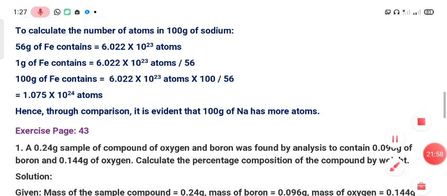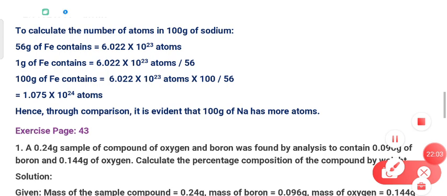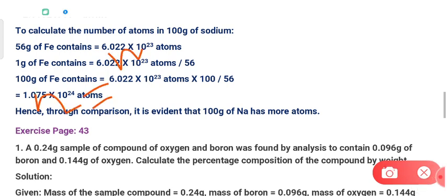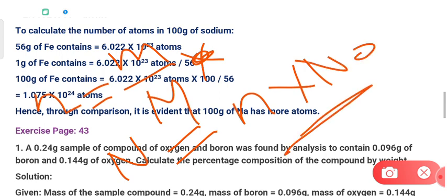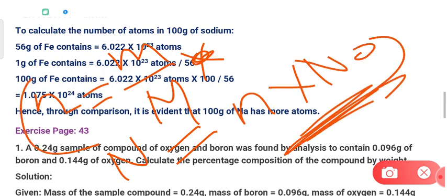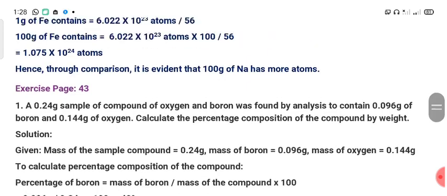And for finding out the total number of atoms in 100 gram of sodium or 100 gram of iron, we can do this in this way, that number of moles is equal to given mass upon molar mass, right? And then the number of particles N will be equal to number of moles into Avogadro's number. So this is how these two formulae we can use, and we can calculate it very easily.